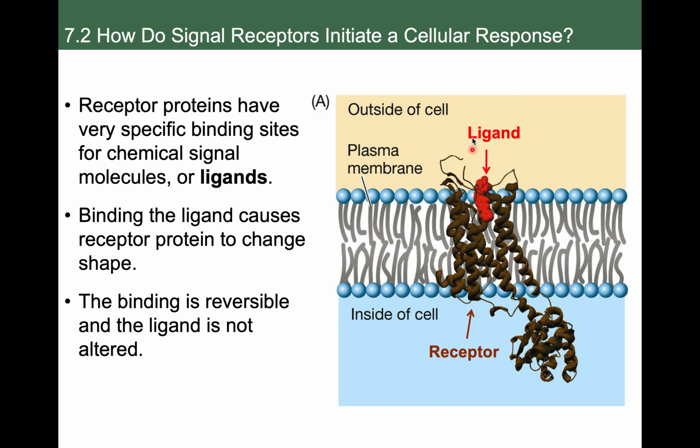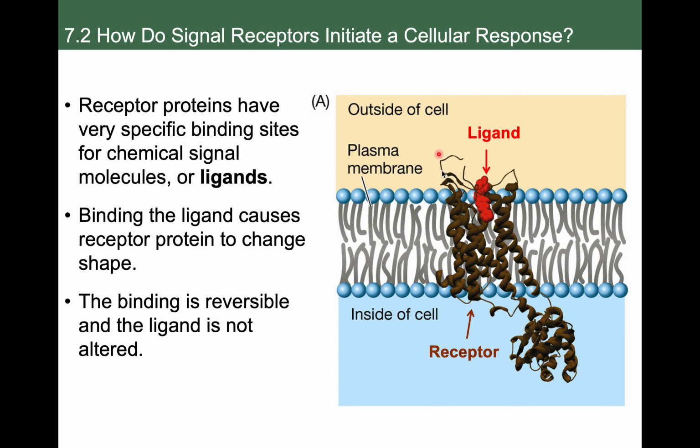Part of the receptor is exposed on the outside of the cell. That's the part that would actually interact with, bind to the ligand. And then part of that receptor is inside the cell. Okay? And so we'll get this physical binding, but that binding is going to be usually pretty weak and temporary.